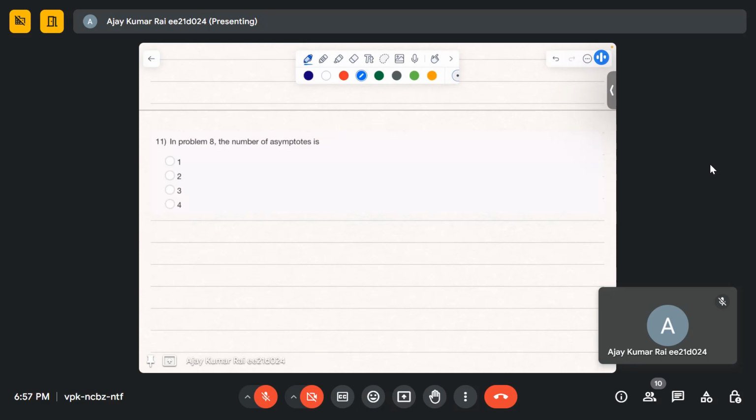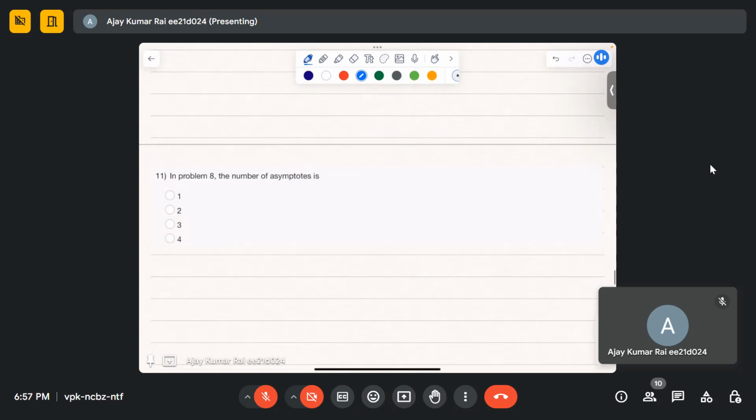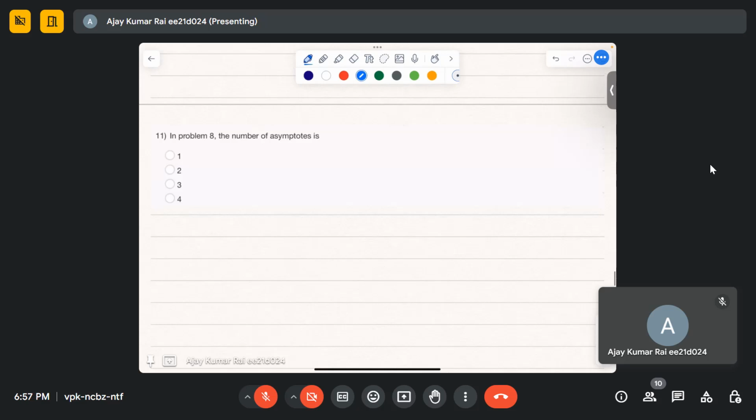In problem 8, the number of asymptotes. This is equivalent to step 3. What is that number? Very straightforward. Can you tell me? 2, correct?